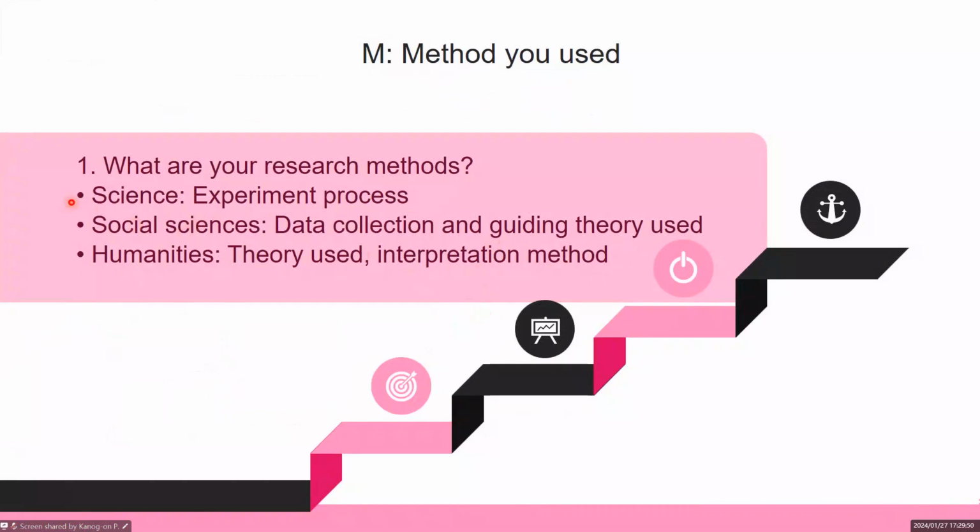As I mentioned here, maybe for science, you might use an experiment process. Okay, social science, maybe data collecting, writing theory use, maybe you collect data by questionnaire, interview, right? About humanities, maybe you use interpretation methods. So these are the things that you need to mention in your articles.